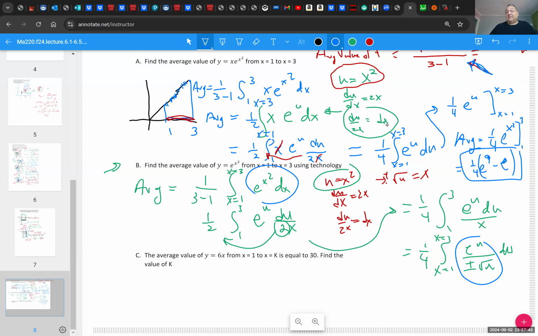In fact, I kind of set this up to let you know a couple of things. One is that the directions specifically say using technology. And so when you see that in your textbook, you're going to know to use some sort of technology device, either Desmos or, I'm going to show you, Wolfram Alpha to compute this. And the other thing is that there's kind of a dirty little lie in mathematics.